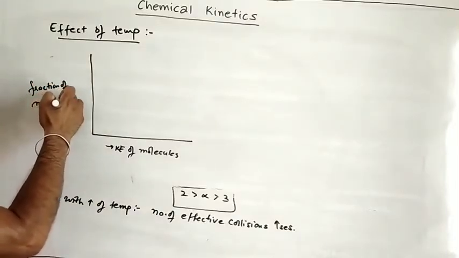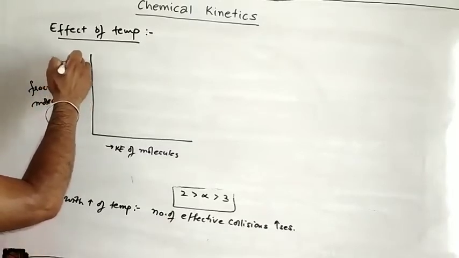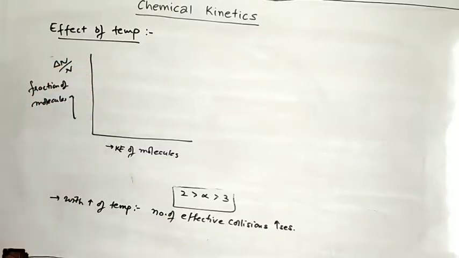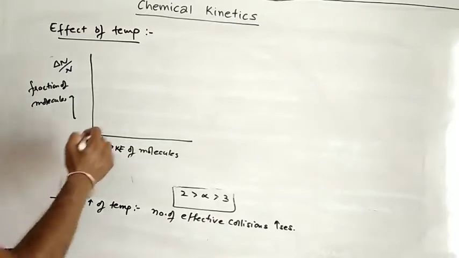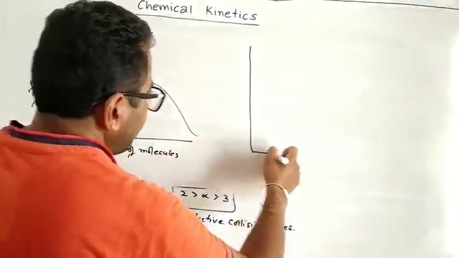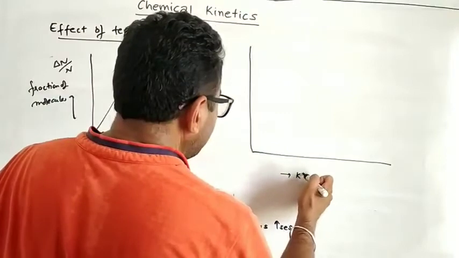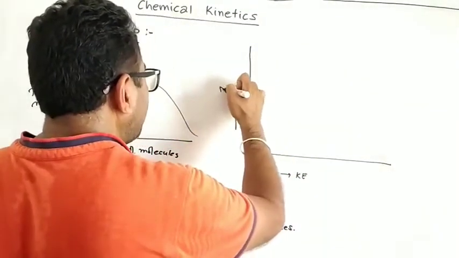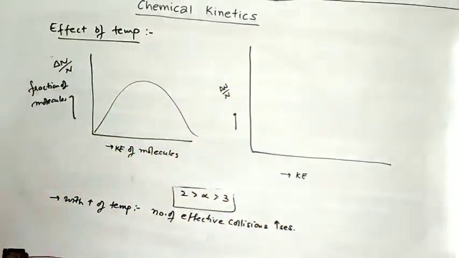Fraction of molecules इसको लिखेंगे delta n by n. So this will be like this. When you increase the temperature, again this is the kinetic energy, again the delta n by n. So we have two curves like this.